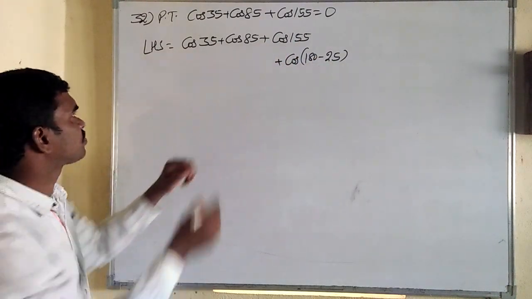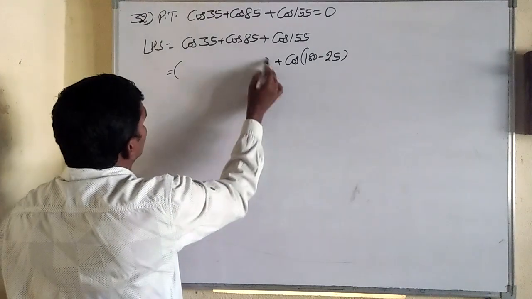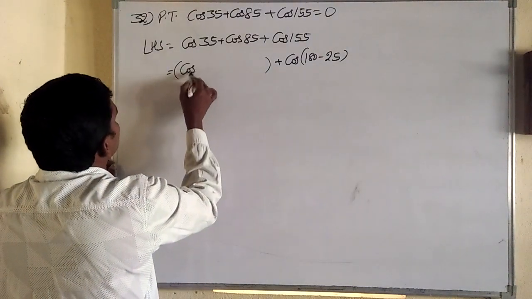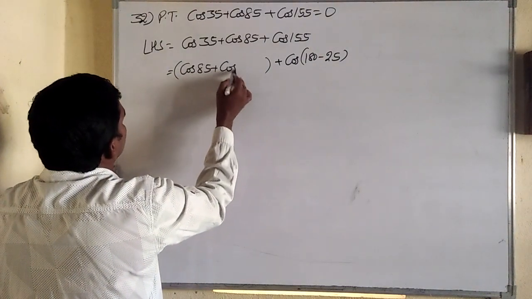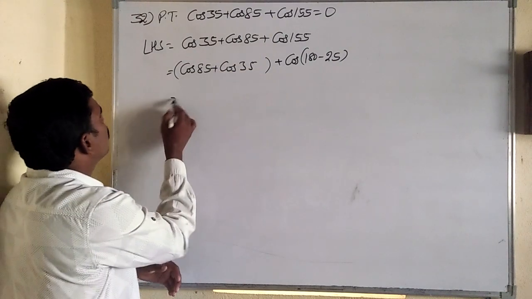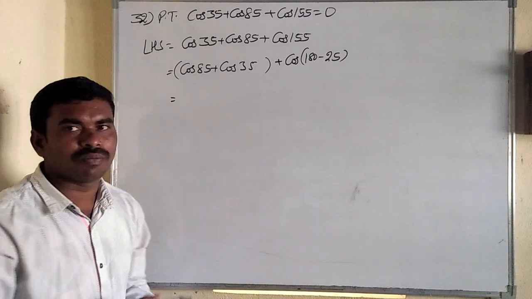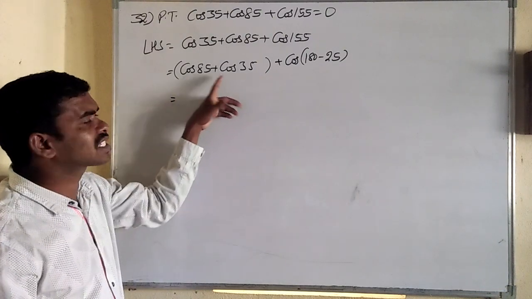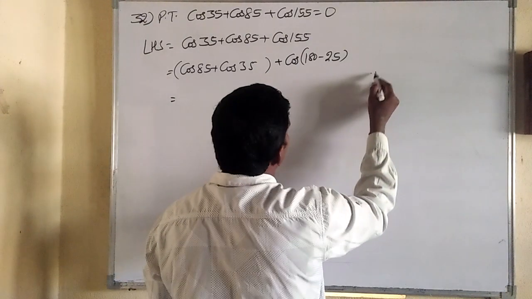Cos means cos. I am writing the first two as cos 85 plus cos 35, the bigger one first, the smaller next. Now it looks like cos C plus cos D. What is cos C plus cos D?